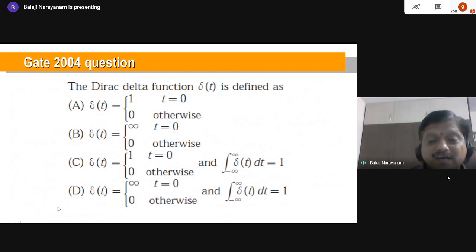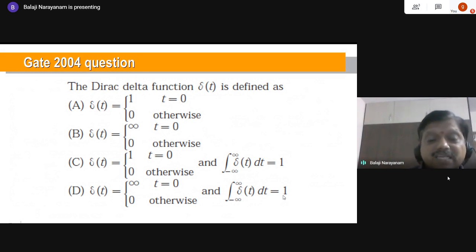Now let us check option D. Delta of t is infinite at t is equal to 0 and it is 0 otherwise, and integral minus infinity to infinity delta of t dt is equal to 1.